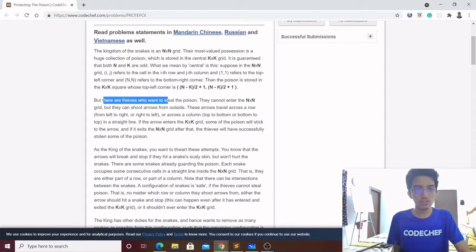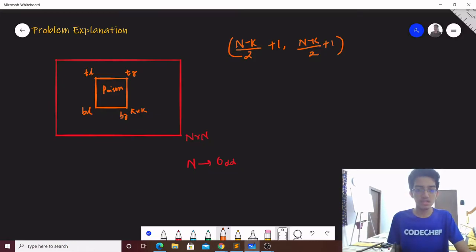But there are thieves who want to steal the poison. They cannot enter the n cross n grid, but they can shoot arrows from the outside. So now we have thieves everywhere, like this.